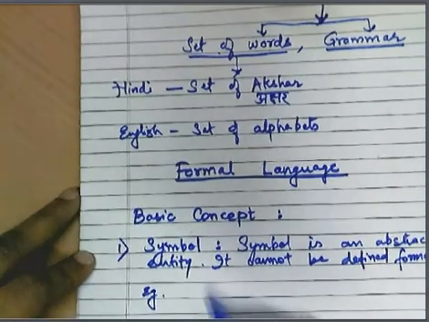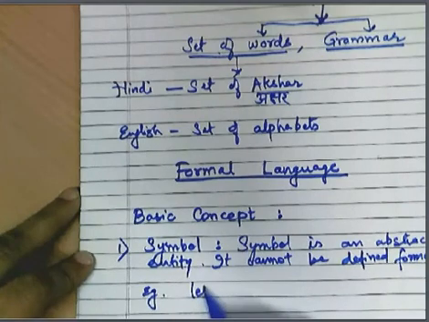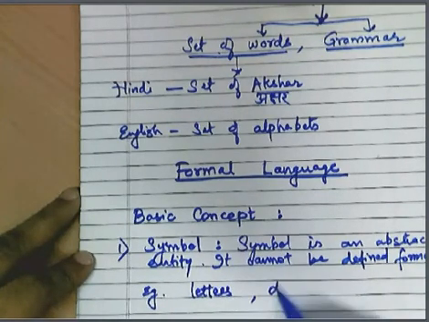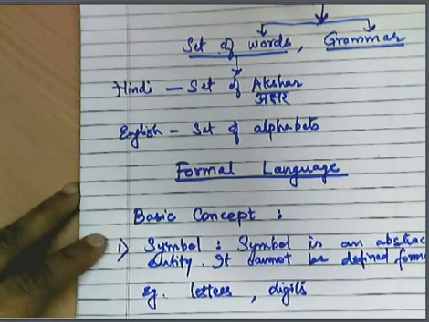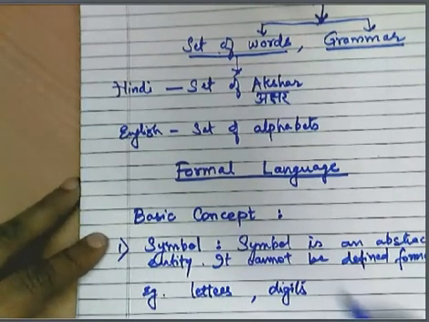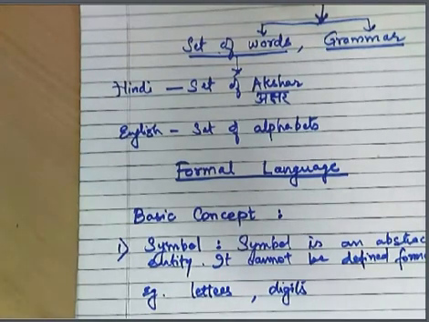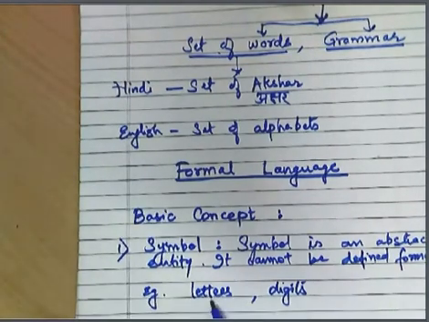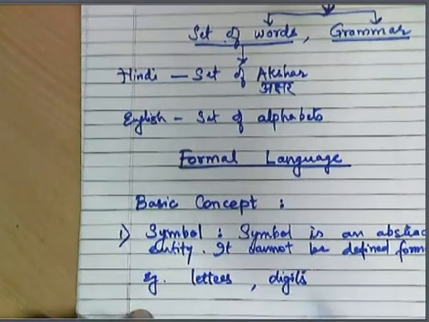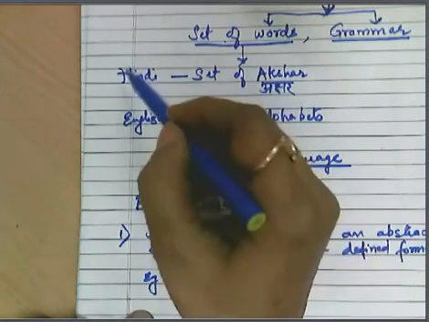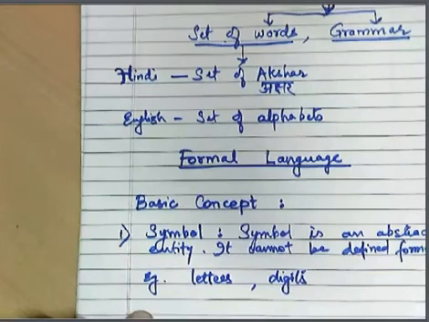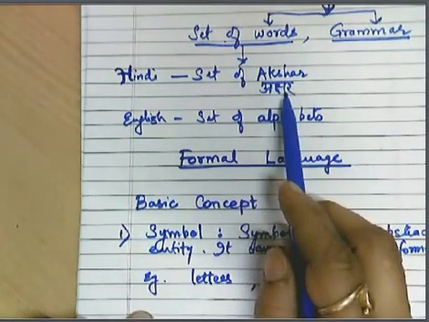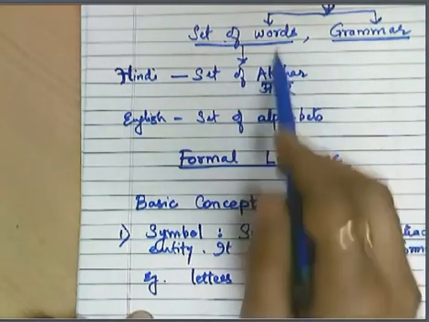For example, letters and digits, all these are symbols. These are the symbols which you want to consider for designing any language. For example, in Hindi, all akshars act as symbols which form a word.